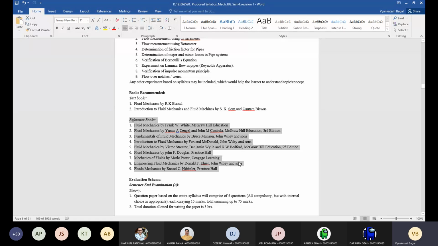So if it is possible for you to refer to those foreign author books, it is well and good, but sometimes students may face difficulty in understanding the contents of these books, then they can always go for these 2 Indian author books. However, I suggest from a concept point of view, it is better if you refer to any book from this reference book list. Fine. And as already mentioned, most of the content will be from this list only. And part of it will definitely be from these two books also. These are good books, no doubt about it.